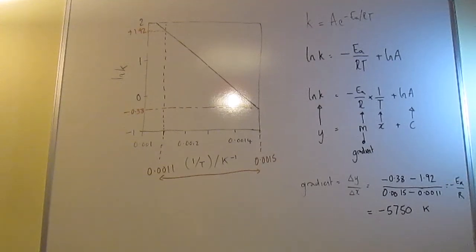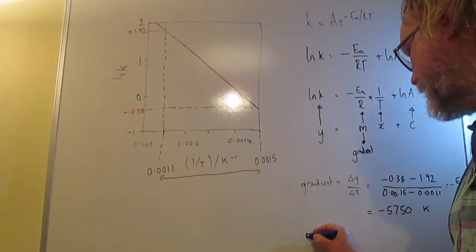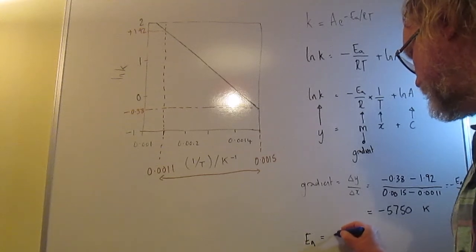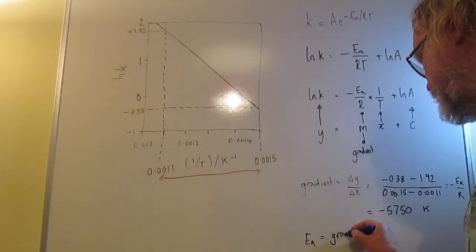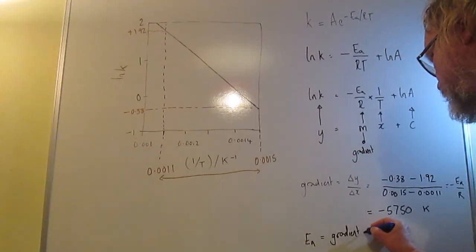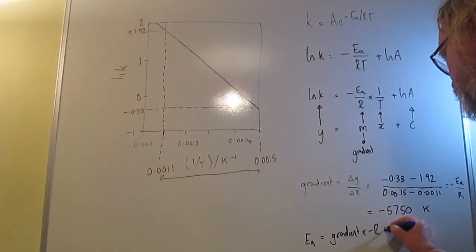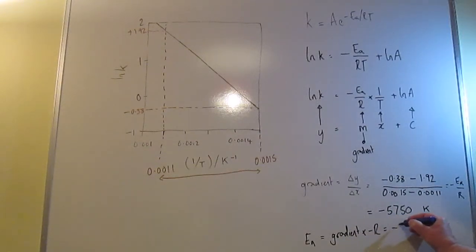So you can see that if you multiply by minus R, the R's will cancel and the minuses will cancel, and you'll get the activation energy. So you get that EA is equal to the gradient times minus R, which is minus 5750 times minus 8.314.